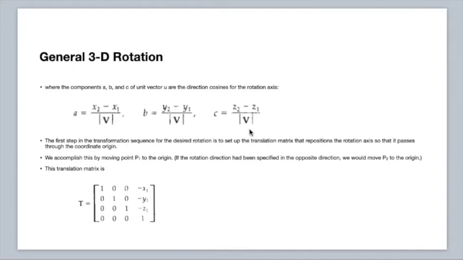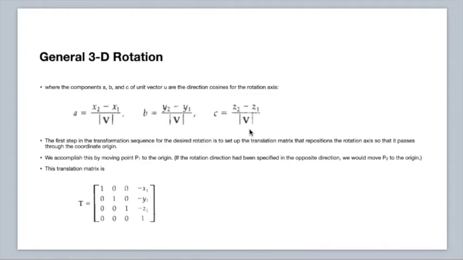First, in rotation, the first step is to translate the rotation axis to the origin. So you have to move the rotation axis so that it passes through the coordinate origin.